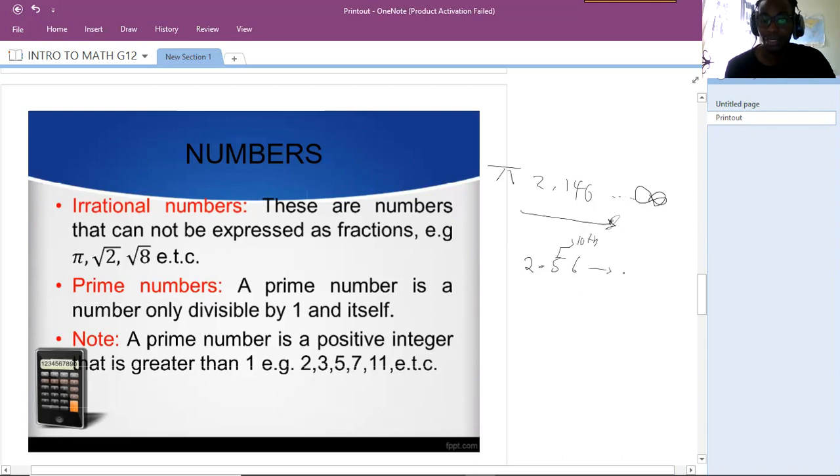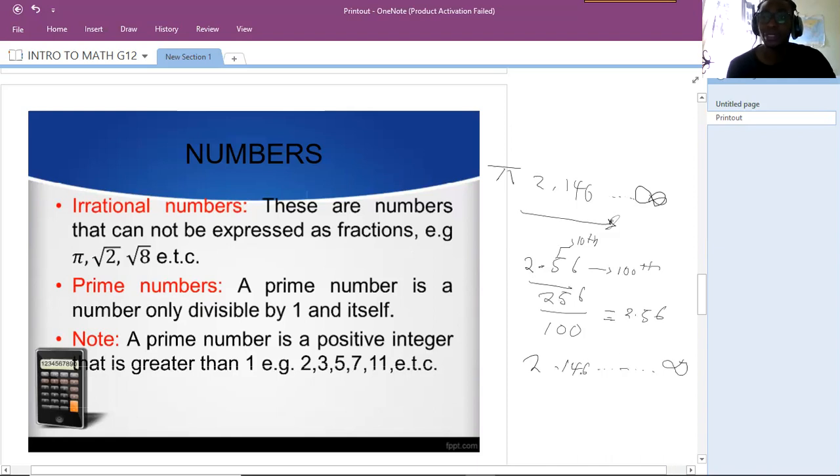This decimal place here will be a hundredth. So if I want to express this as a fraction, it will be 256 over 100. 256 divided by 100, if you divide this, you're going to get back to 2.56. Therefore, this number is rational. However, look at pi, 3.146, the numbers keep on going until infinity.